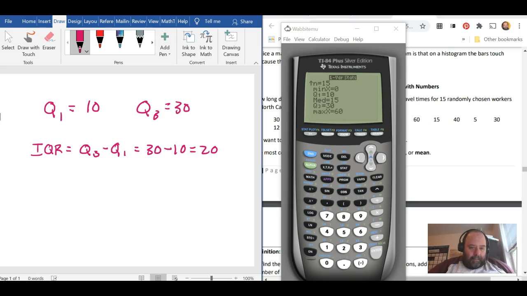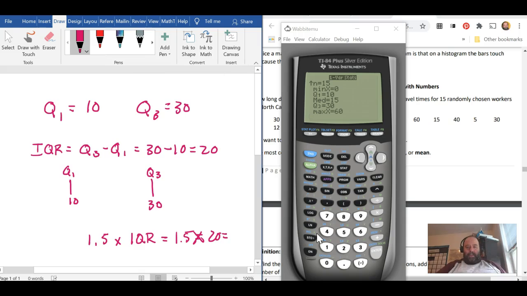So, thinking this through, Q1 is here at 10, and Q3 is here at 30. Now what we care about is 1.5 times the IQR, right? So that's 1.5 times 20, which, let's keep our math straight, is 30.